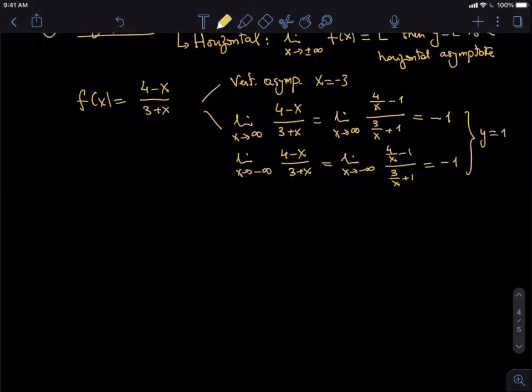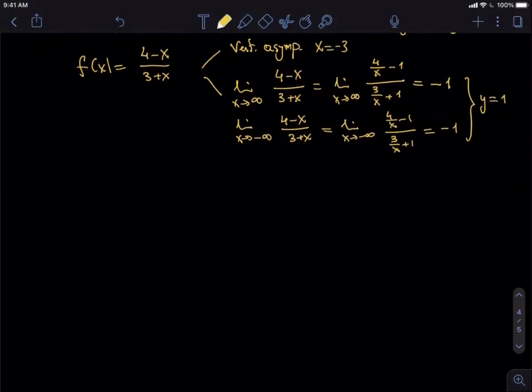All right, so now we can draw our axis here.